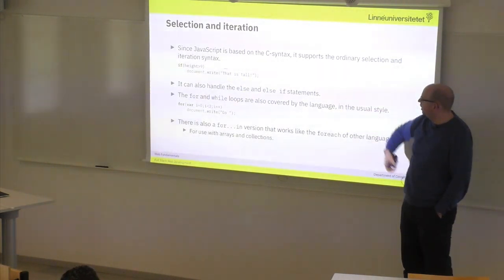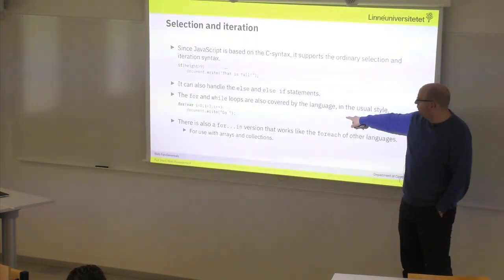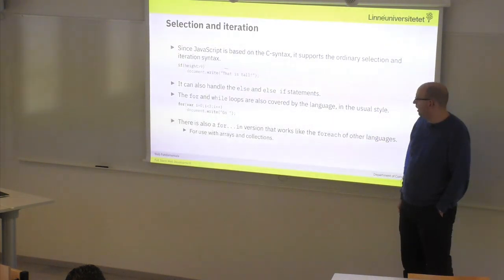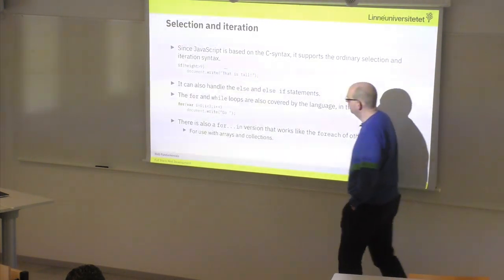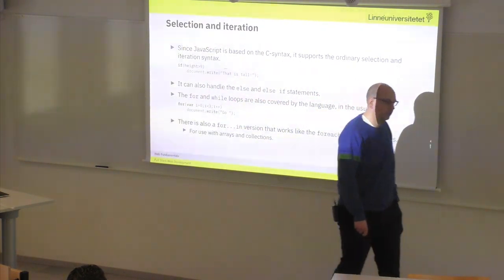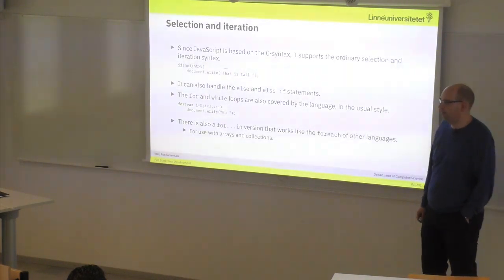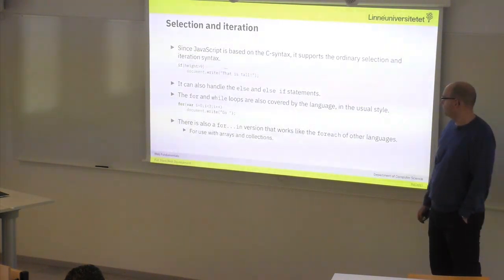So for example, if height is larger than 9, then write out that is tall. For a for or a while loop, we do something like this. The only thing that's a bit strange is that we use var instead of using a data type, but that's just because the language doesn't really care for data types.